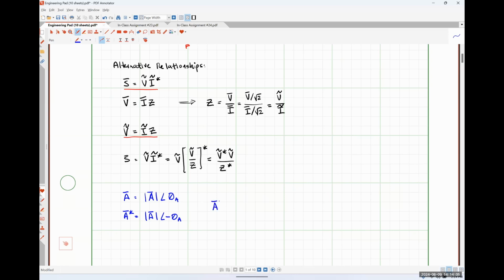When I multiply those two things together, that's going to look like the magnitude of A, angle theta A, times the magnitude of A, angle negative theta A. What's that going to give me?